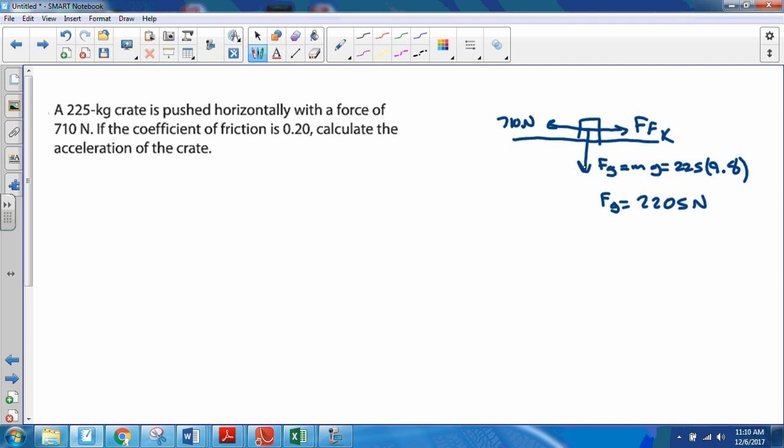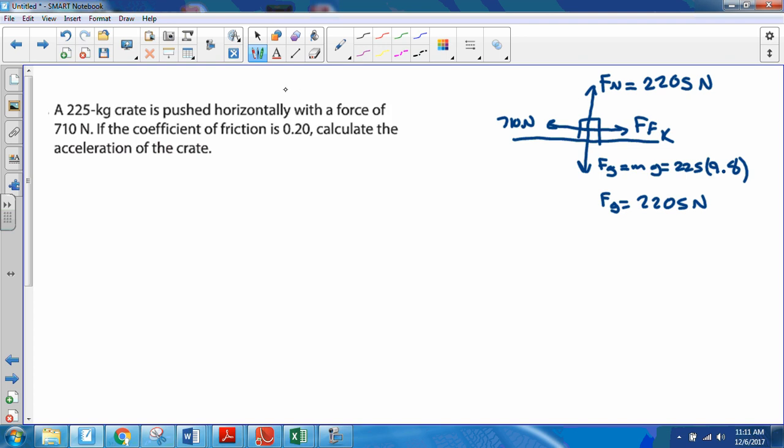Okay? What other force is there? Okay, there's got to be a normal force, right? Because this box isn't falling through the ground. That means that there has to be some force pushing it back. And since this surface is horizontal, we'll call this Fn, which is balanced by Fg, so it's going to be 2,205 newtons.